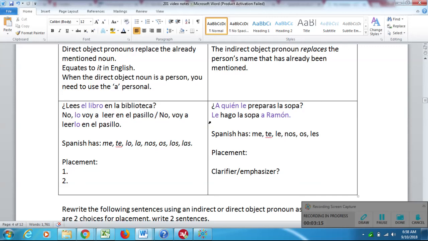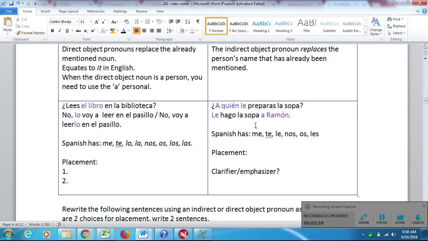Here's our example. ¿A quién le preparas la sopa? For whom, or to whom, are you preparing this soup? Le hago la sopa a Ramón. I'm making the soup for Ramón.